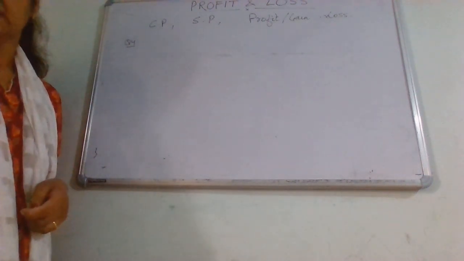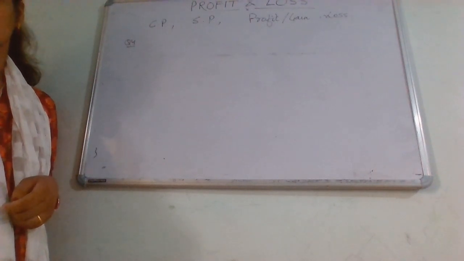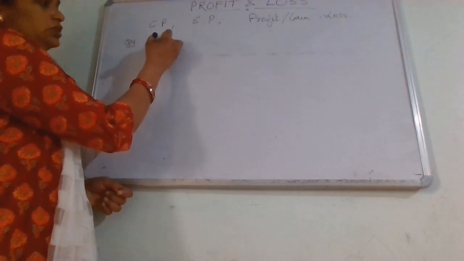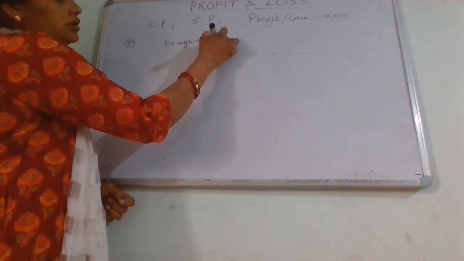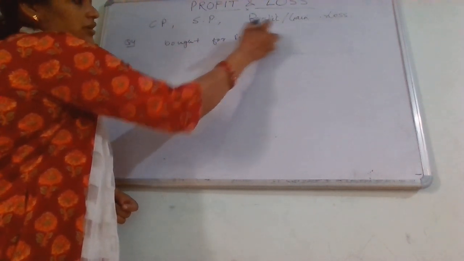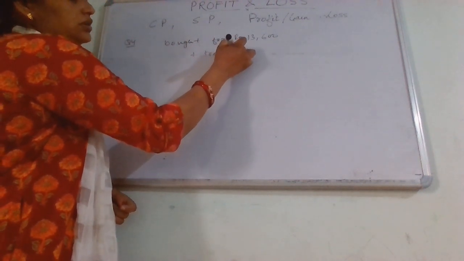Question number 4 says, Sudhir bought an almirah for 13,600 and spent 400 on transportation. So, bought for how much? 13,600 plus transportation charges.